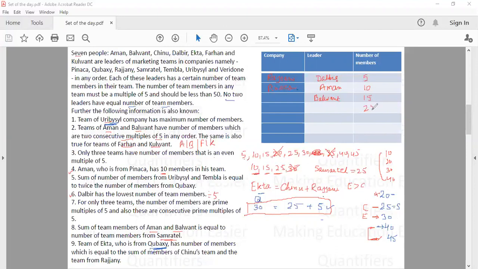So we have 25 members in one team, 30, 40 and 45, but we do not know the order, right? So the 25 member team is Chinu's, right? And the 30 member team is Ekta's. Chinu works for Summertel, and Ekta works for Quebec.